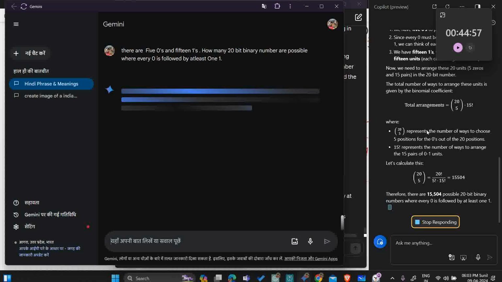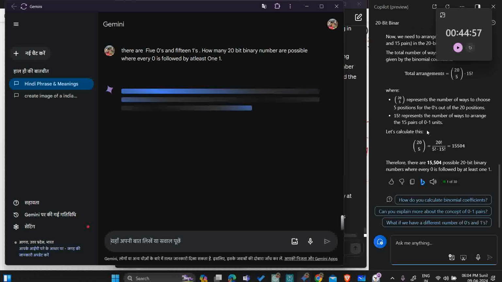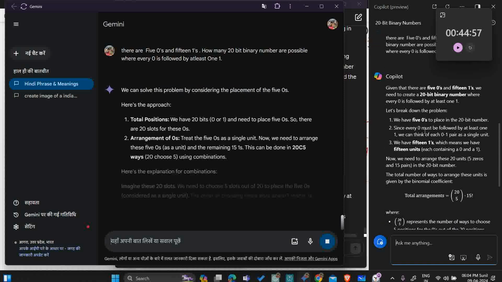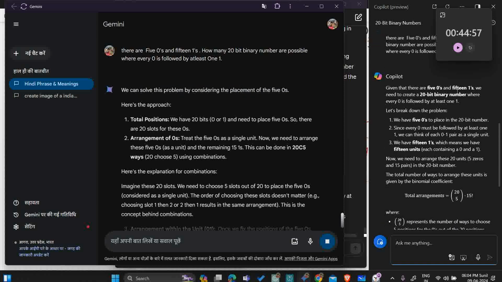Is this doing a good thing? Ooh, this is something nice about it. We have 5 zeros to place in a 20-bit number. Every 0 must be followed by at least 1. So we can think of a 0 1 pair as a single unit and we have 15 ones.